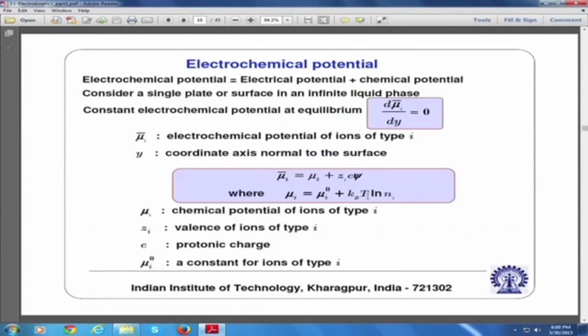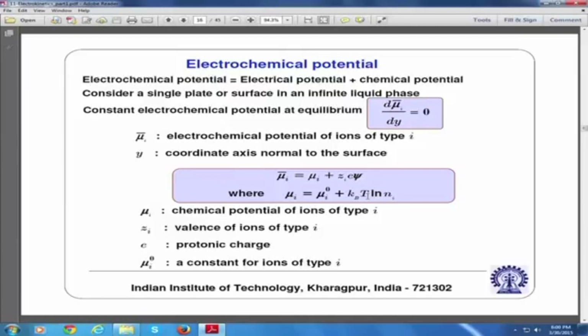Okay. Now before proceeding further, I have already discussed that this is a system where the chemical species have charges, that is how they become ions, right.